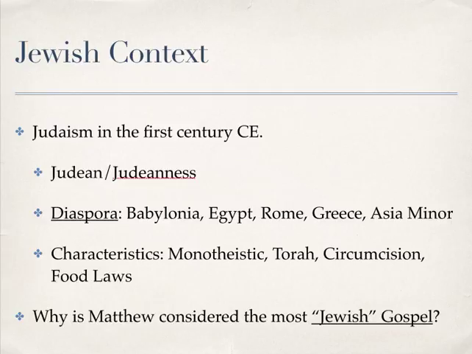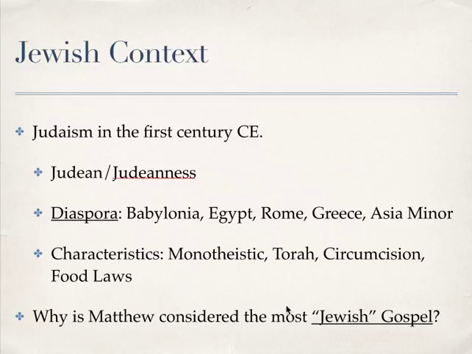So they did have political figures like the king of Israel. Herod the Great was the king of Israel when Augustus Caesar was the Caesar of Rome. So they had political leaders as well. So the concept of Judean had geographic, ethnic, political, and religious connotations.